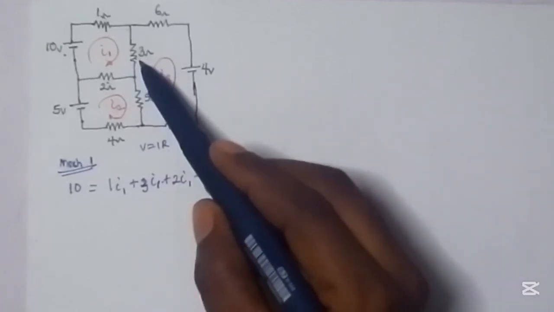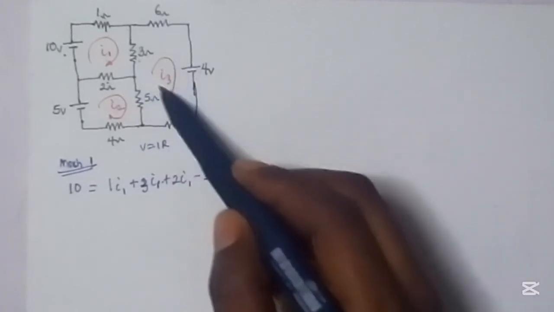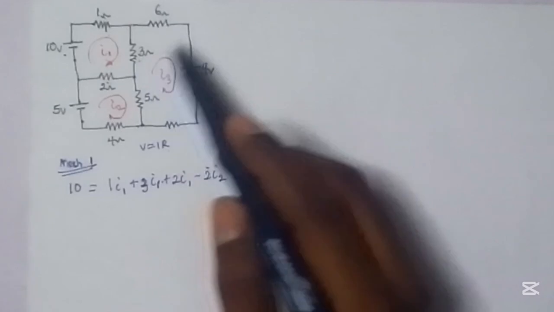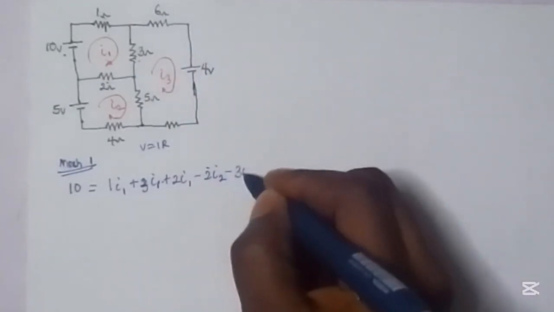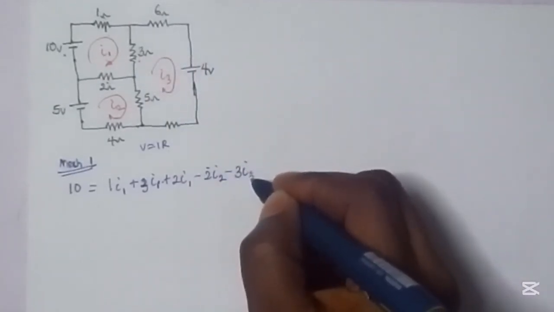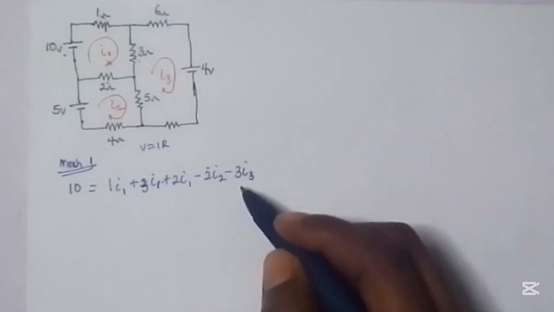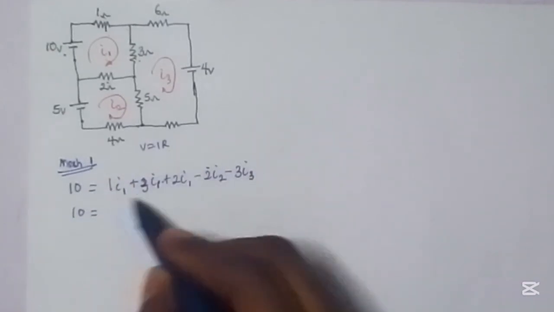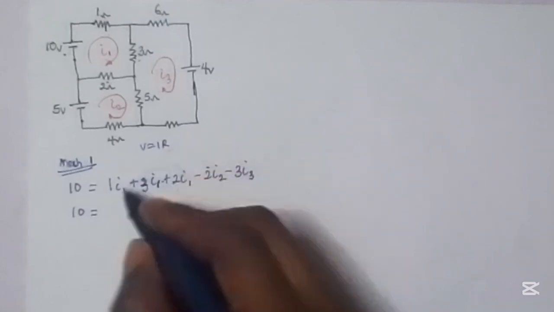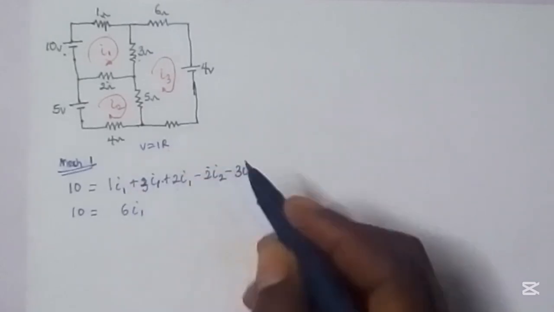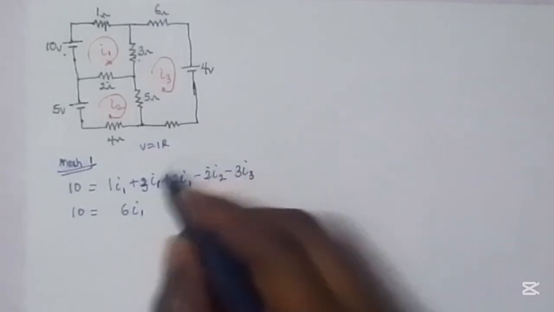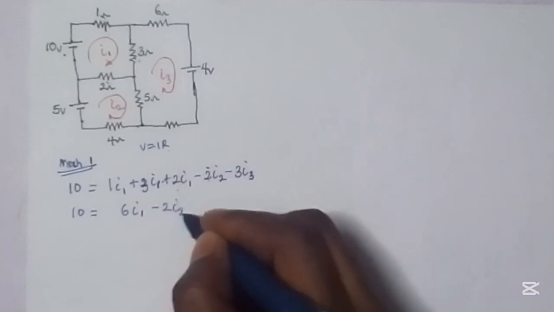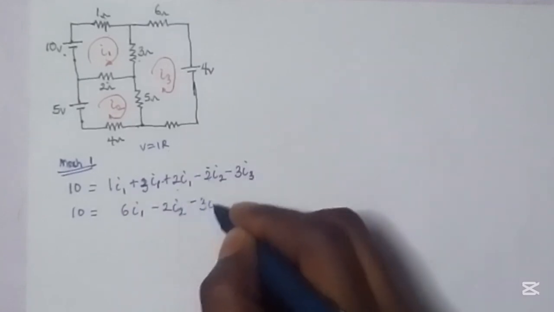Also, this 3 ohm resistor is influenced by I3, so we also take that into consideration: 3 I3. So I can just combine the like terms here. This will give us 10 is equal to 1 plus 3 plus 2, which is 6, so it is 6 I1 minus 2 I2 minus 3 I3.